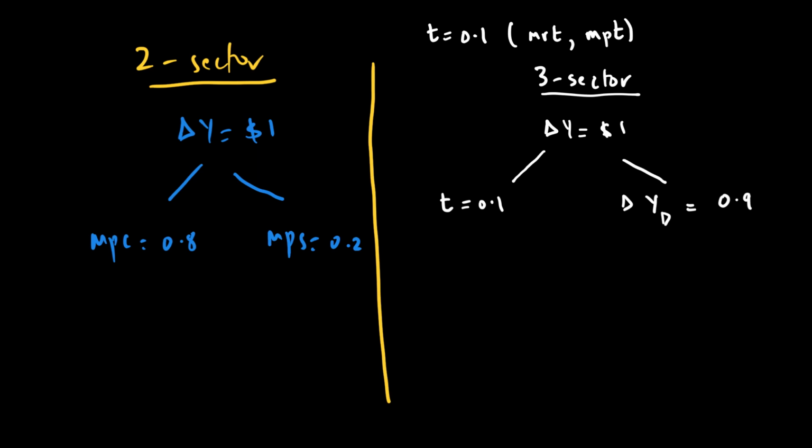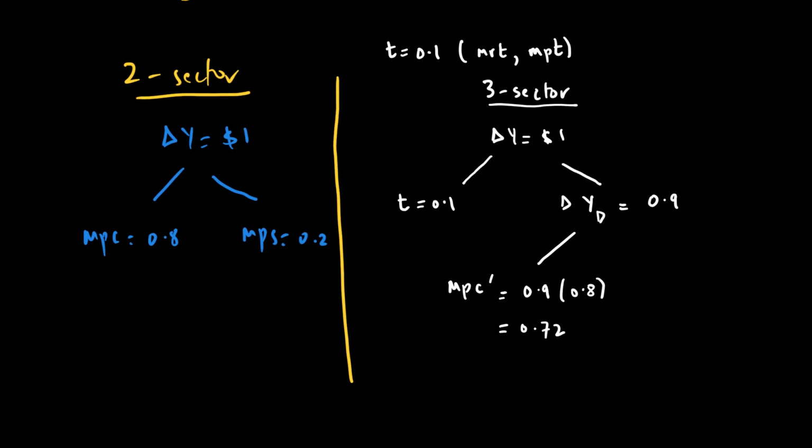Now of this 0.9, if the MPC is 0.8, my new MPC after tax, so MPC dash, will be 0.9 times 0.8. So I'm now not given a dollar, I'm given 0.9 of a dollar. So 0.9 times 0.8 is basically 0.72.